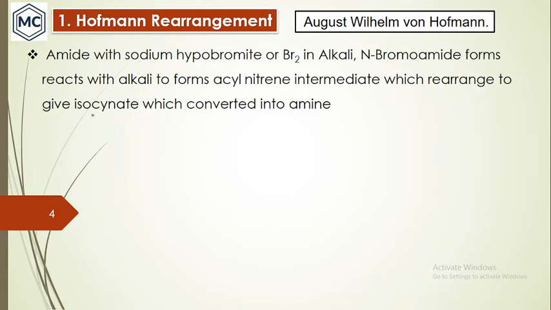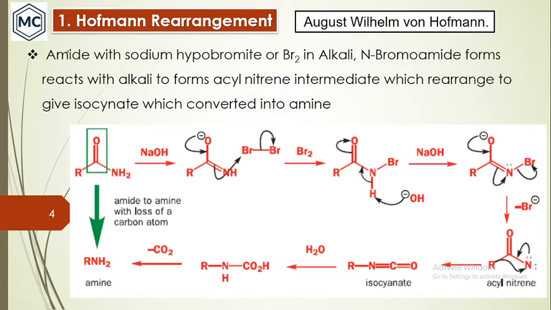In this rearrangement, an amide reacts with sodium hypobromite or bromine in alkali. It first forms an N-bromoamide. So we start with the amide and sodium hypobromite or bromine in alkali, it forms the N-bromoamide, and this reacts with alkali to form an acyl nitrene intermediate, which rearranges to give finally the intermediate isocyanate.